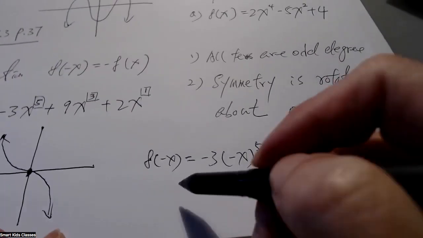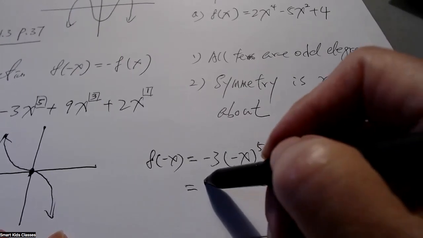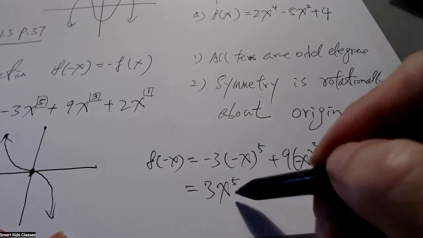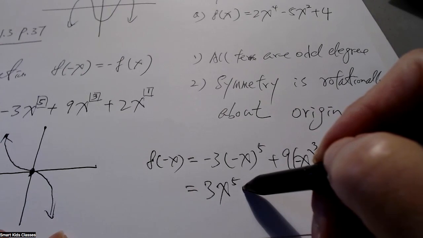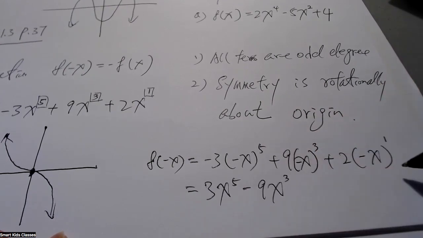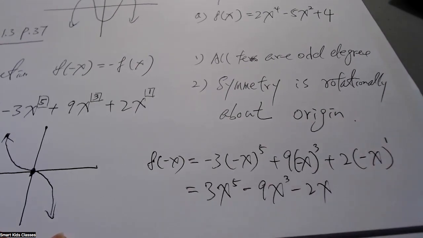When you simplify, what are you going to get? You're going to get 3x^5, the next term minus 9x^3, the next term minus 2x.